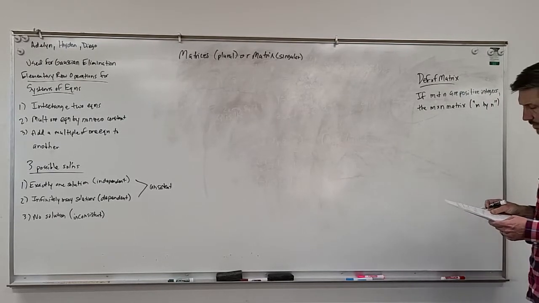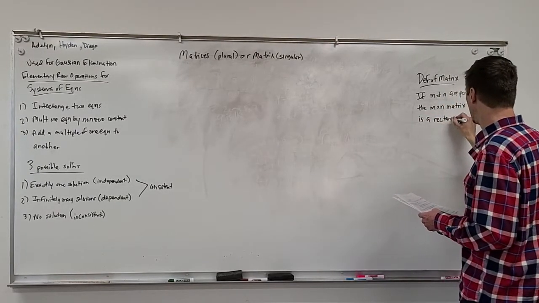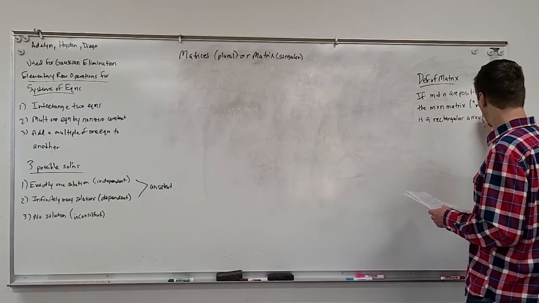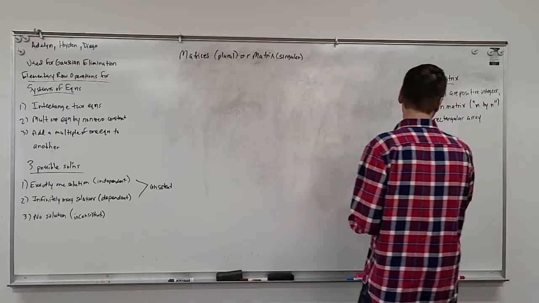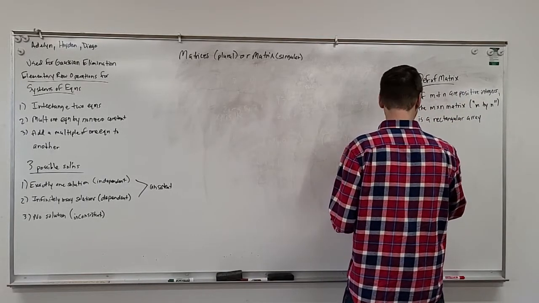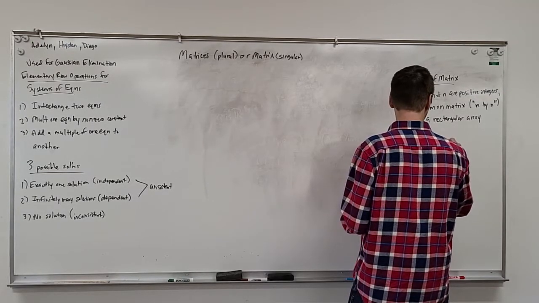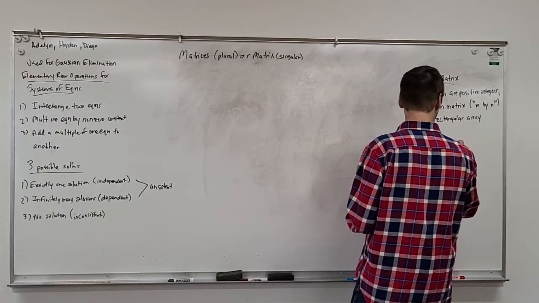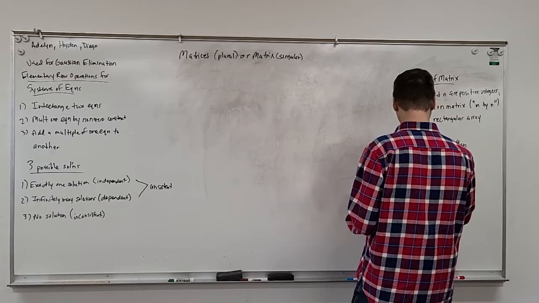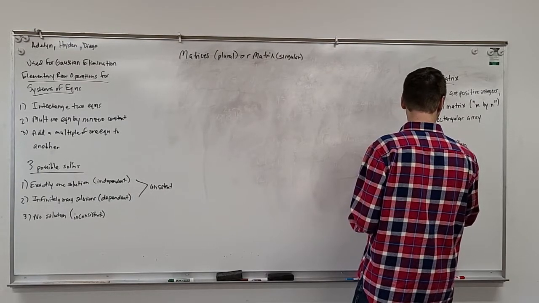The m by n matrix is a rectangular array, and it looks like this. So we've got A11, A12, A13, dot, dot, dot, all the way to A1n, and A21, A22, A23.